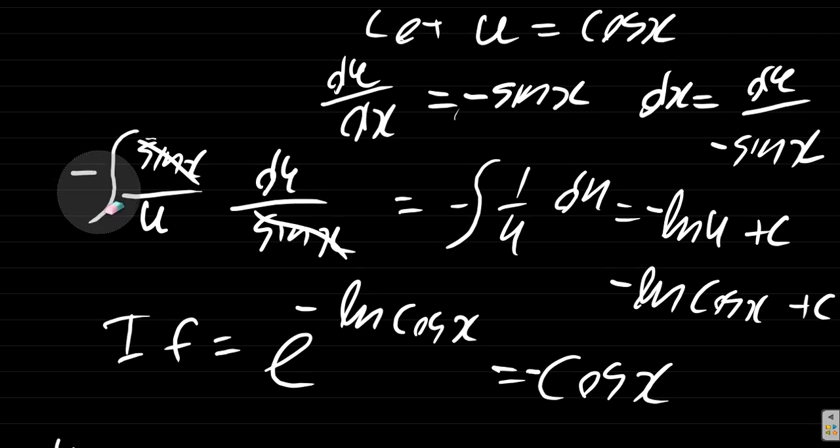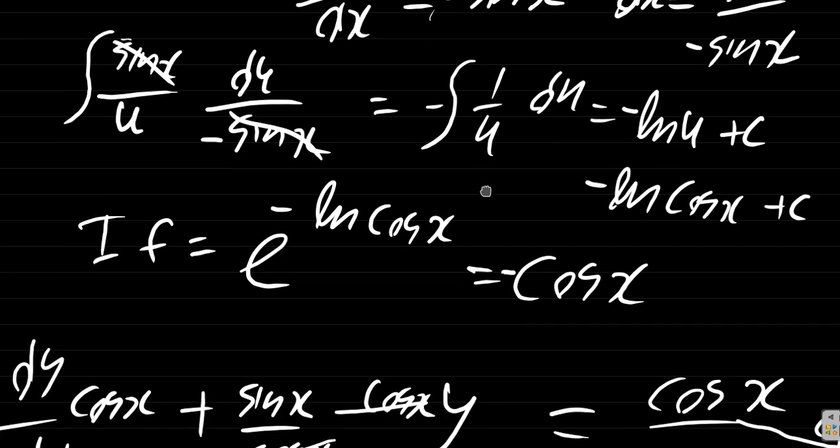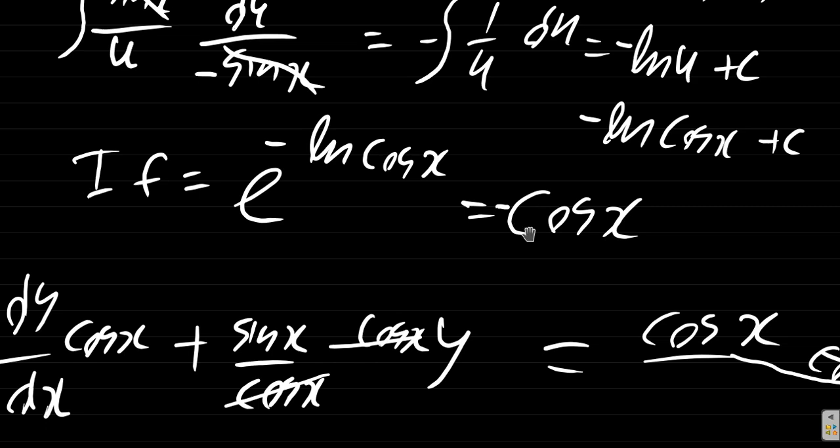Here, when you substitute and make du over, it should be negative. Initially, the negative would have been here because you have a negative, right? But the negative eventually comes up here. So it's negative 1 over u du. So it's negative ln u plus c. So e to the negative ln cos x would be negative cos x.